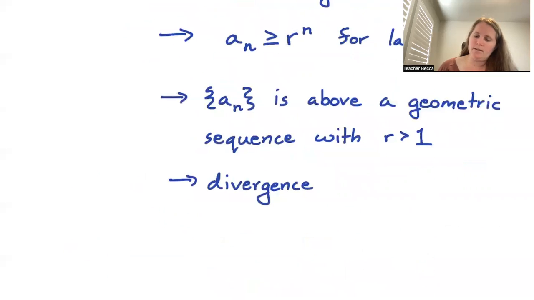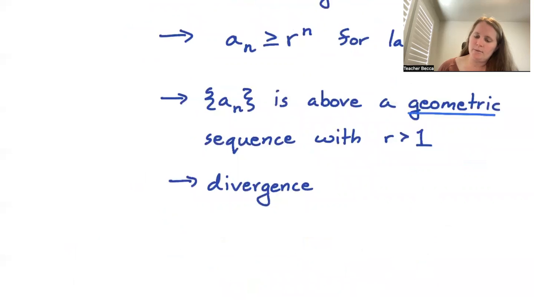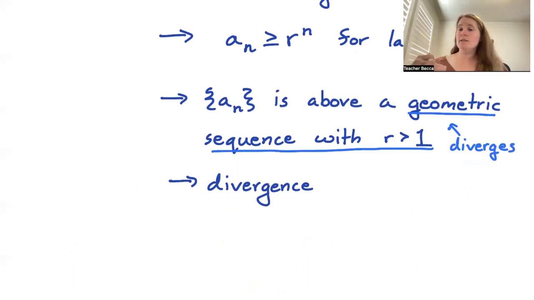And the geometric sequence with r greater than 1, we know that this diverges. So if we have a diverging sequence below, our sequence must also diverge.